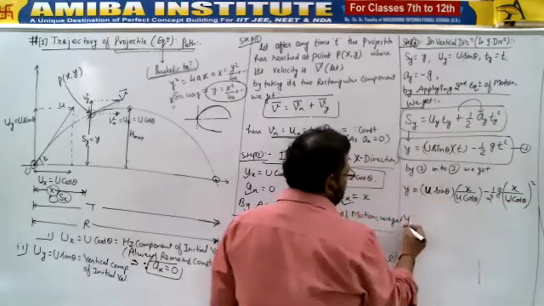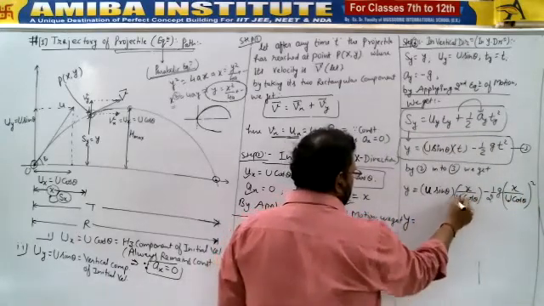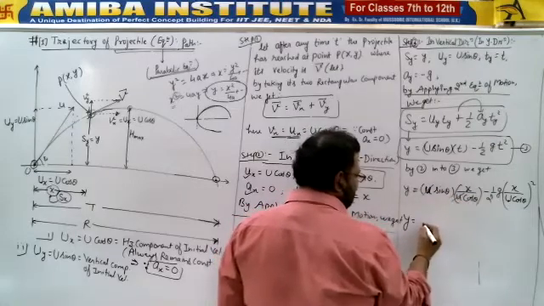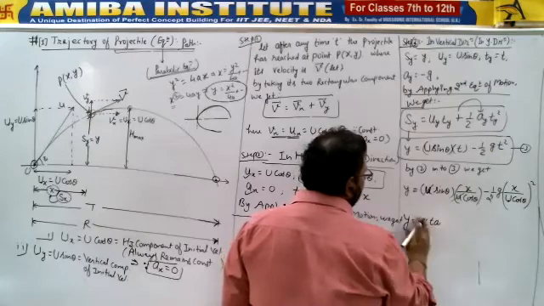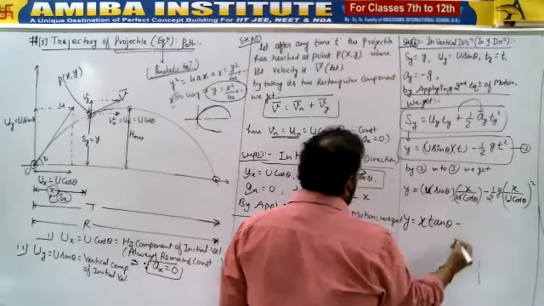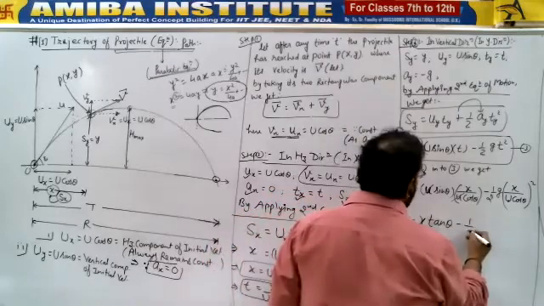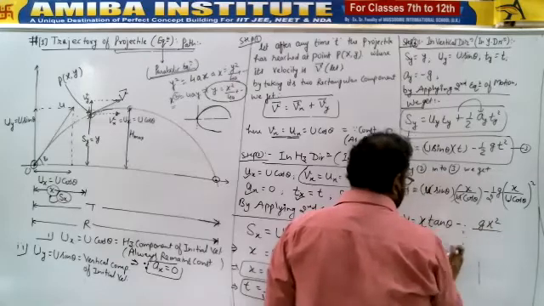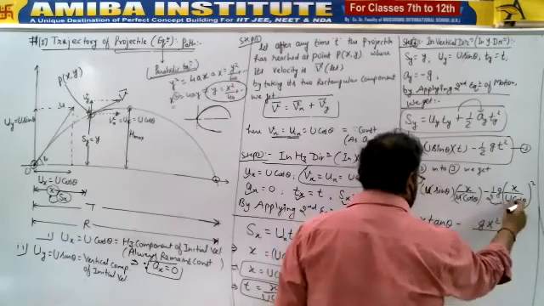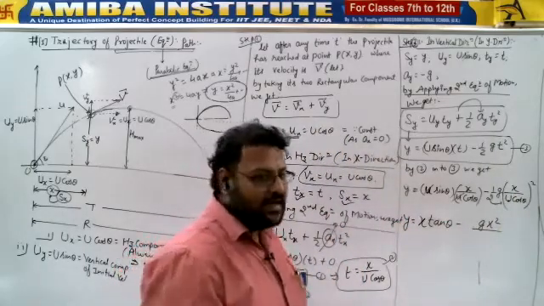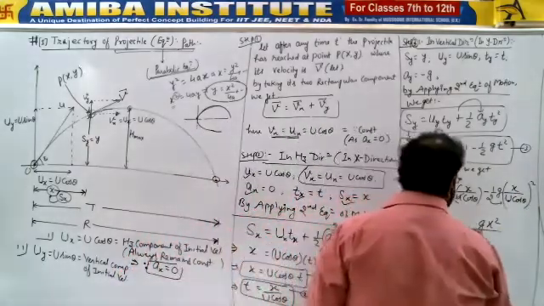So y is equals to, u and u get cancelled, sin theta upon cos theta is tan theta, x tan theta minus half g x square, or you can directly write, multiplying here, this will be u cos theta whole square, u square cos square theta, and upon 2, so 2u square cos square theta.